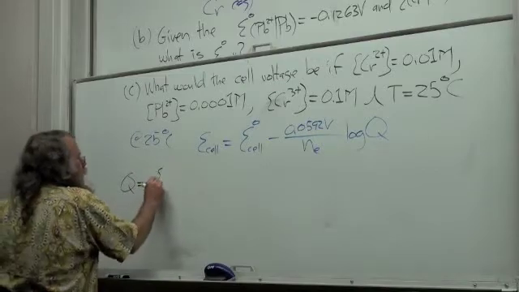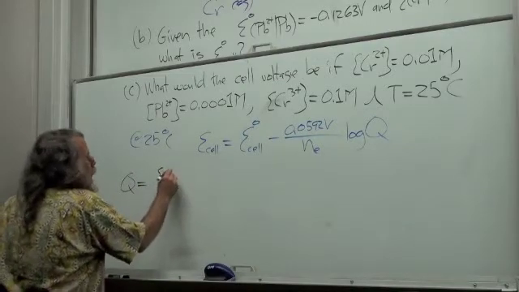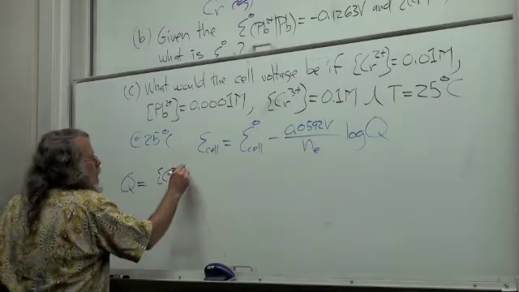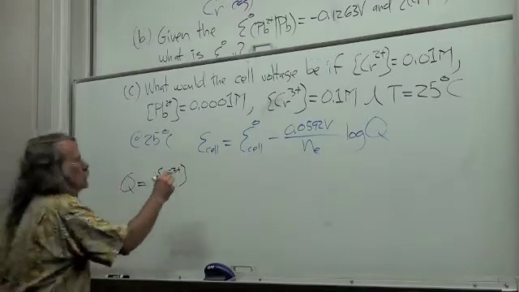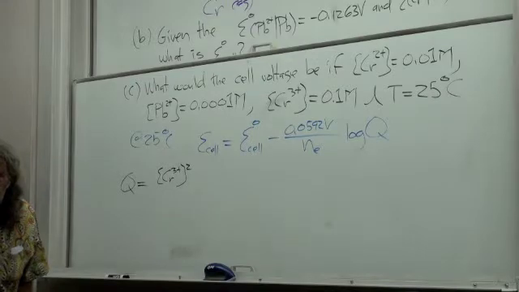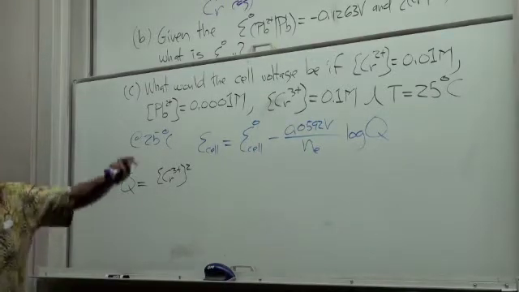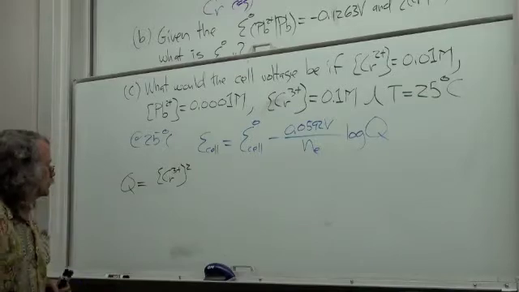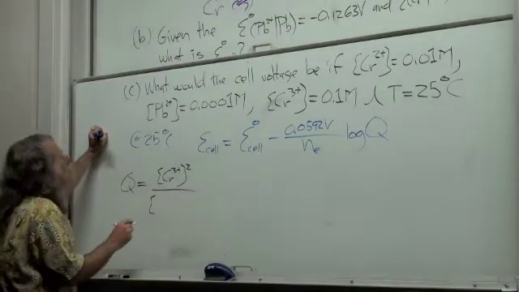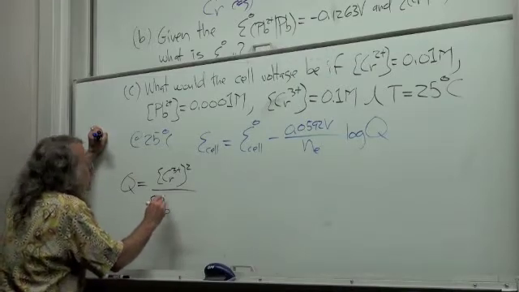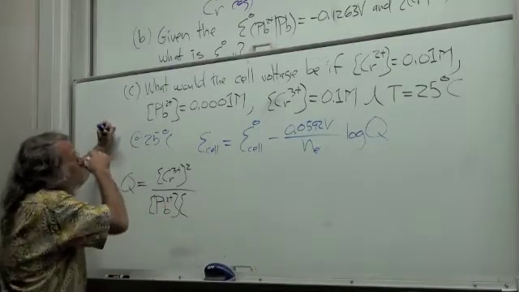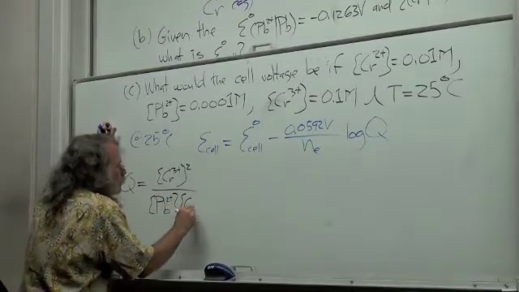The concentration of chromium 3+, the anodic ion, and do we put that squared in there? Absolutely, because there are 2 moles in it, the stoichiometric coefficients. Exactly. And that's divided by the reactants, which are lead 2+ and chromium 2+.